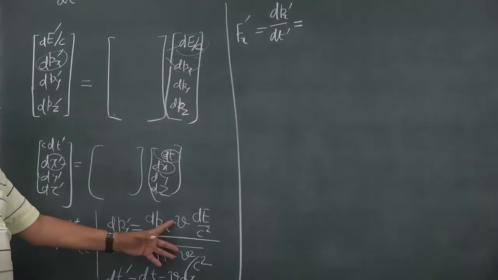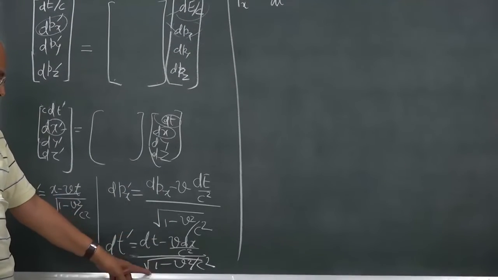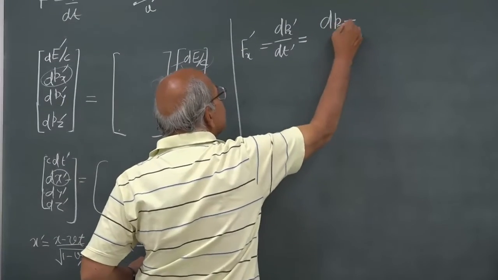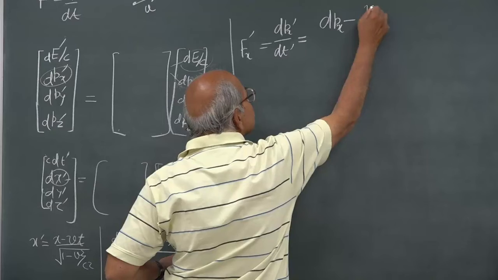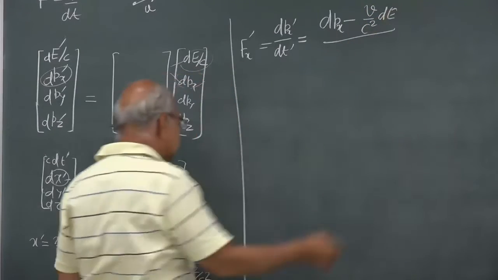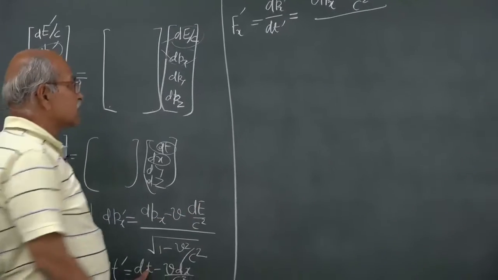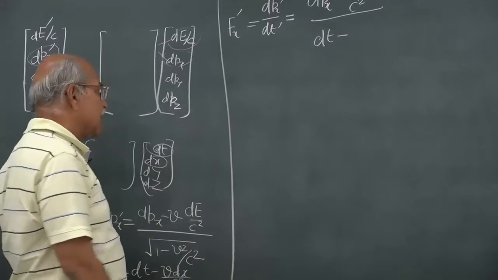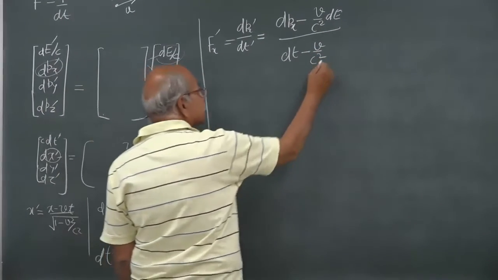So, divide this expression by this expression, the denominator cancels out, and therefore you have dpx minus v by c square dE, divided by dt minus v by c square and then dx.